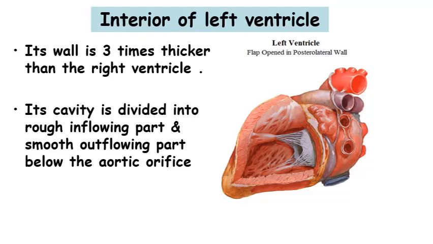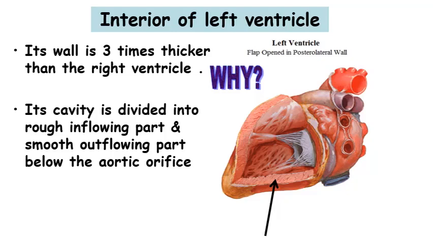Now we go down towards the left ventricle. The left ventricle actually has a wall that is 3 times thicker than the right ventricle. And why is the question that arises now over the slide.